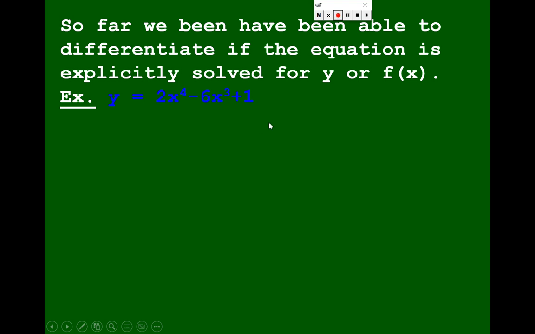The derivative of this is y prime equals 8x to the third minus 18x squared. If you did this, you used the power rule, and you were able to use it because it was already solved for y. We took the derivative with respect to x, and y was already solved for. Now it's pretty simple.